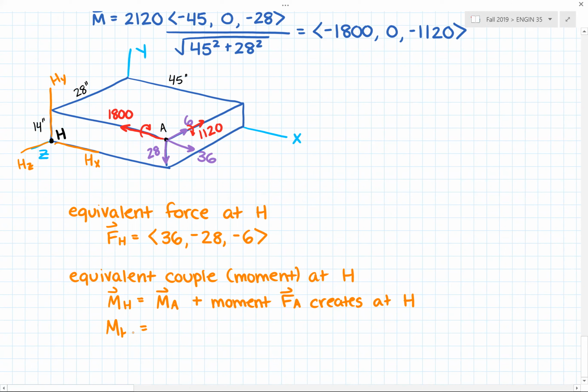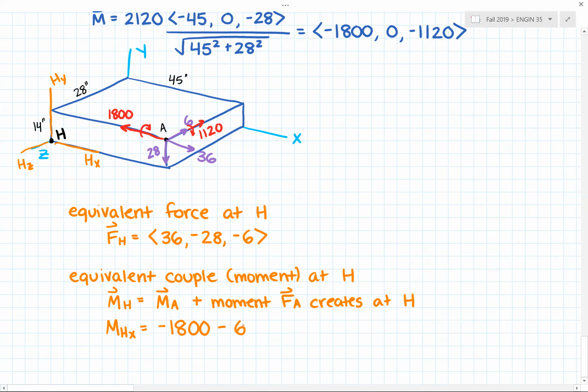So MH at X is going to be the moment at A, so negative 1800, plus the moment that this force here creates about HX. If we look at the X component of the force at A, that won't create a moment about HX. The Y component will not create a moment about HX because that Y component goes straight through the axis. But the z component will create a moment about HX. It's going to be a negative moment, so it's going to be negative.